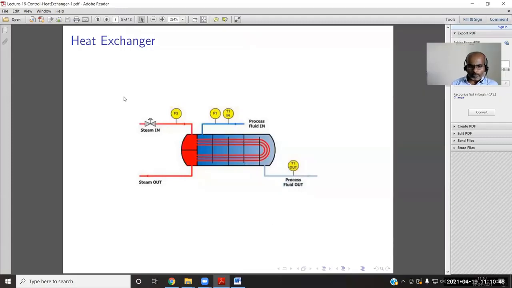And the manipulated variable, mostly it's a fluid flow variable, the steam flow here. The disturbances here are the fluid inlet temperature, fluid flow rate, or even the ambient. Ambient temperature you can always take for granted for almost all processes, except for a highly adiabatic system, where that effect may not be there.